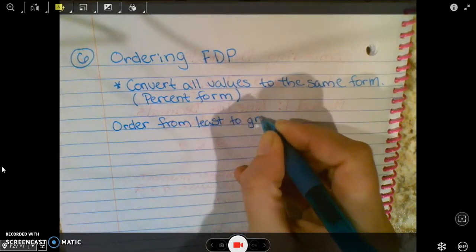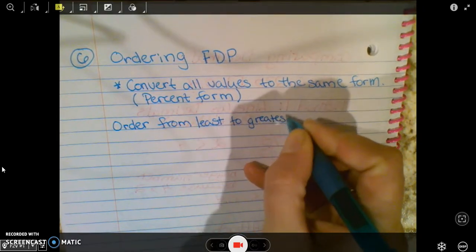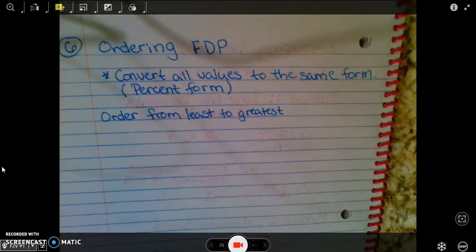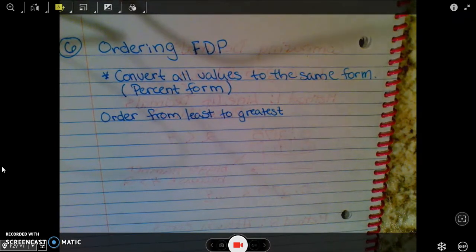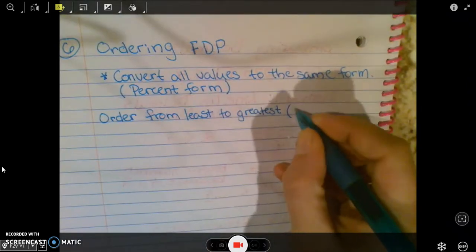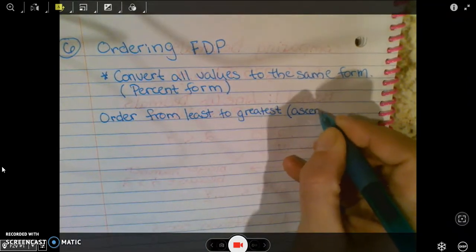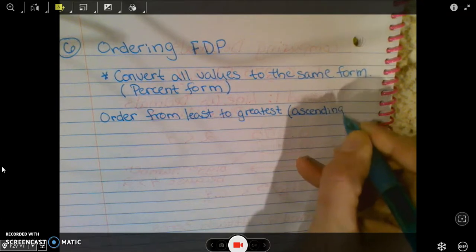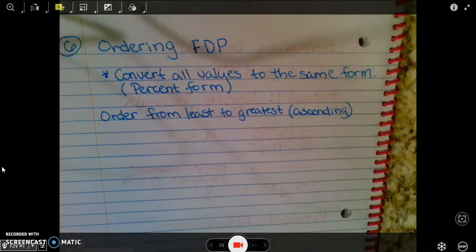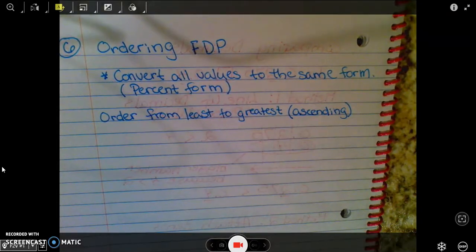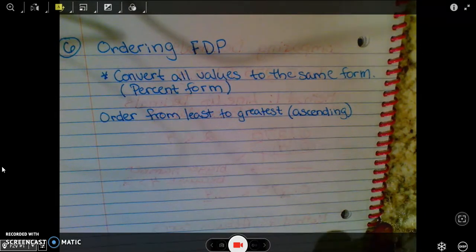The vocab word you need to know for that, because on a test they may not say least to greatest, they may use the vocab word, is ascending order. We talked about that with integers, but I want to make sure we haven't forgotten it since our integer unit. So you're going to order the following values from least to greatest or in ascending order.